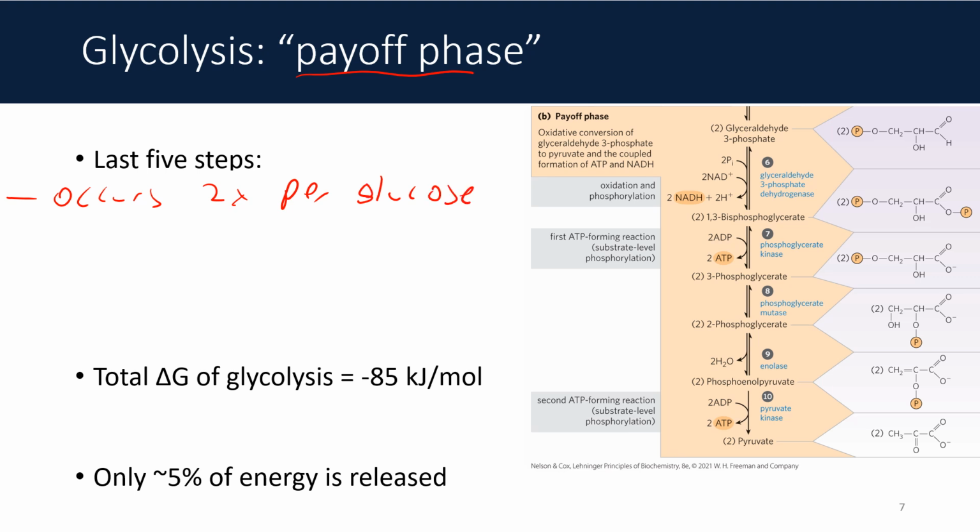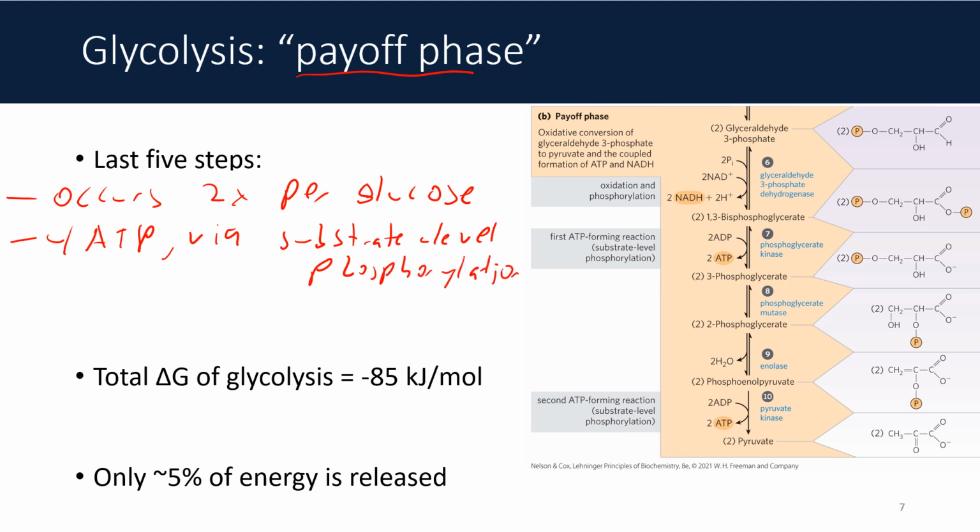Keeping that in mind, this is where we start to get the useful things out of glycolysis, such as 4 equivalents of ATP generated via substrate level phosphorylation, which is the manual transfer of phosphates from high energy molecules to ADP to make ATP.